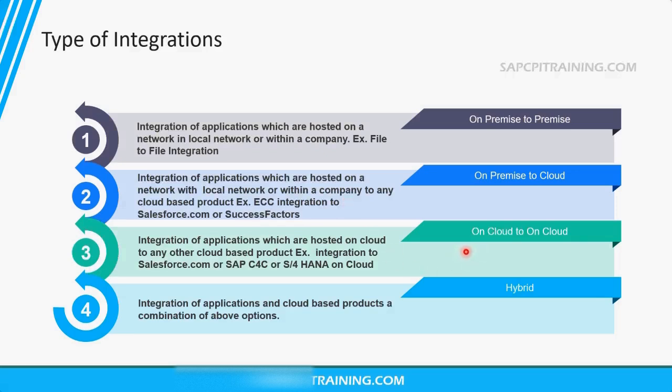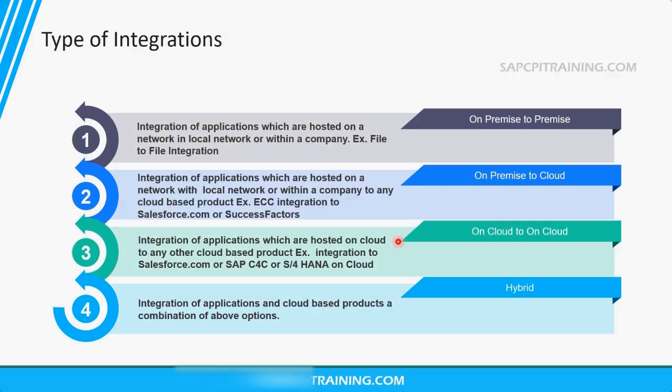The next kind of integration is cloud to cloud. Nowadays, our ERP systems or the other applications are also moving to the cloud, be it Microsoft Dynamics or other ERP systems. Let's say Oracle is moving to cloud, Oracle Transport Management is there, or my S/4HANA systems are also on cloud these days. And then my SuccessFactors, Salesforce.com, many other applications are on the cloud.